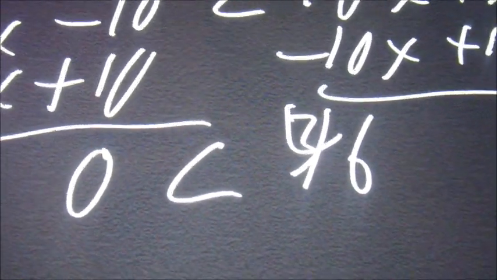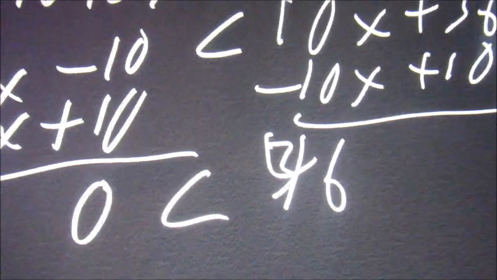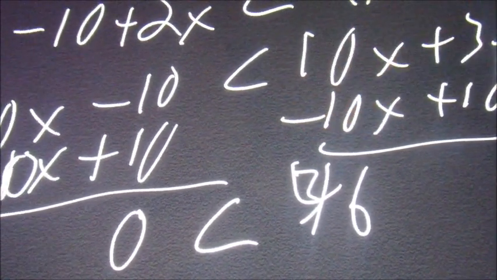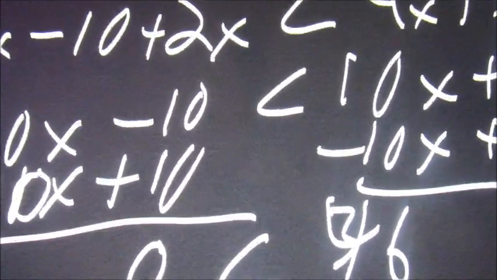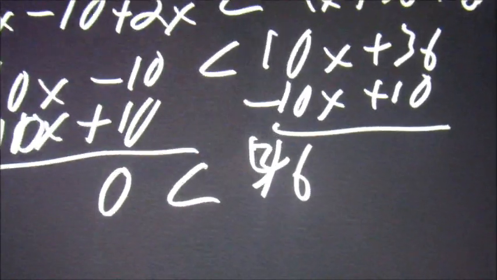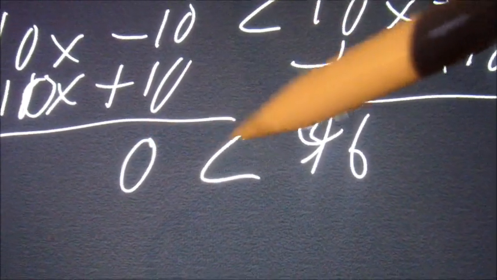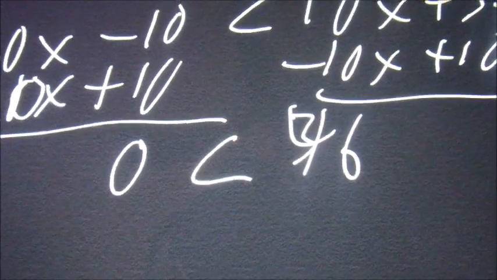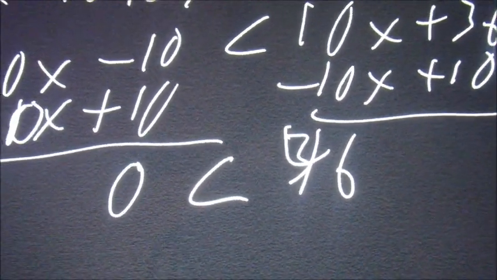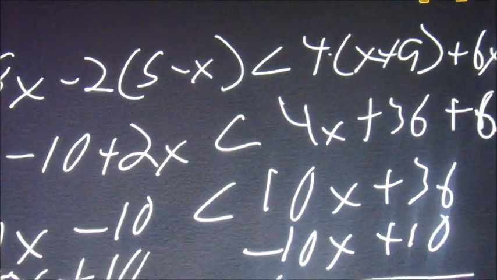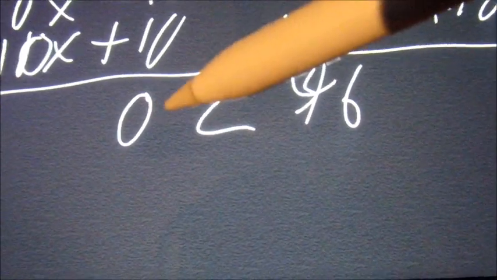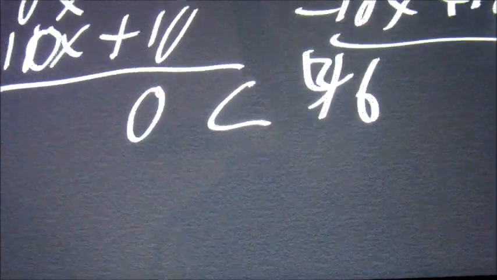Now this is a little bit different than what we did before, because before, when we had something that was different on both sides of the equal sign, that meant that there was no solution. This means, though, when it's an inequality, if the inequality that we make is true, then all real numbers, any number that you stick in for x, will work. And we'll still get 0 is less than 46.